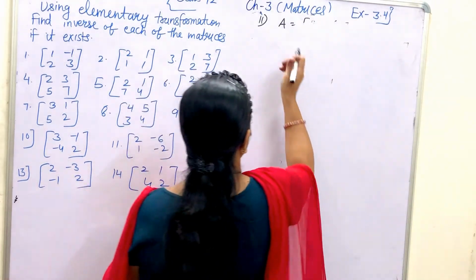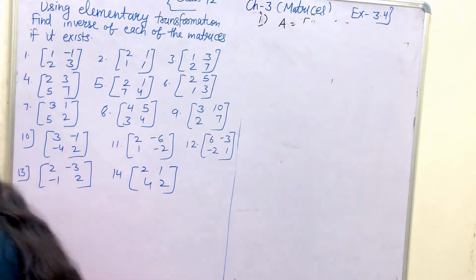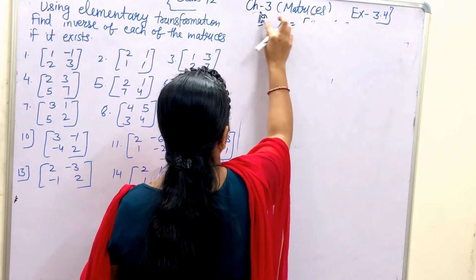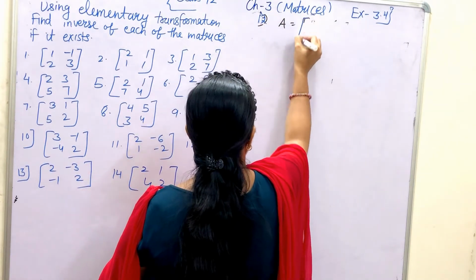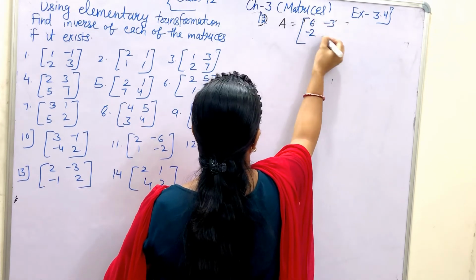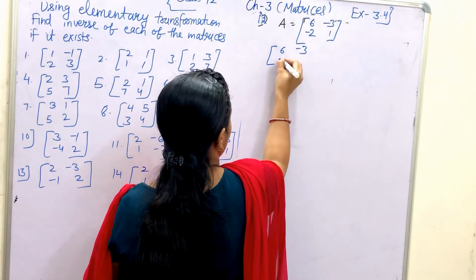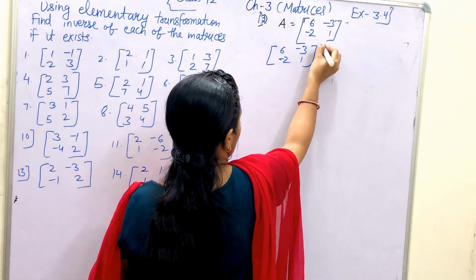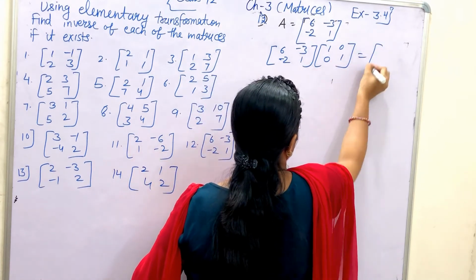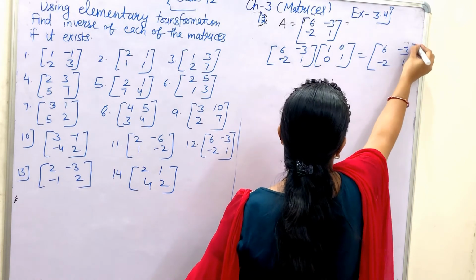Question number 12. We have given the matrix [[6, -3], [-2, 1]]. A equals I times A, with identity 1, 0, 0, 1.